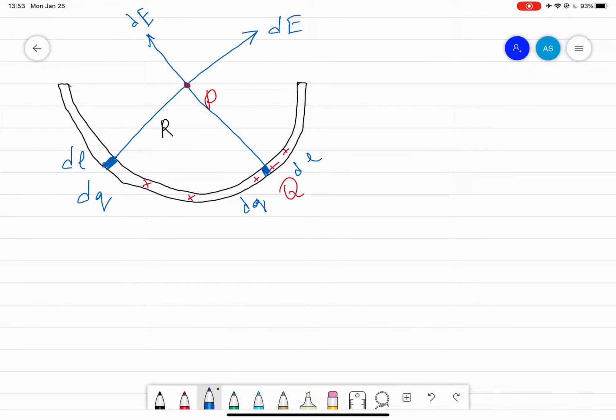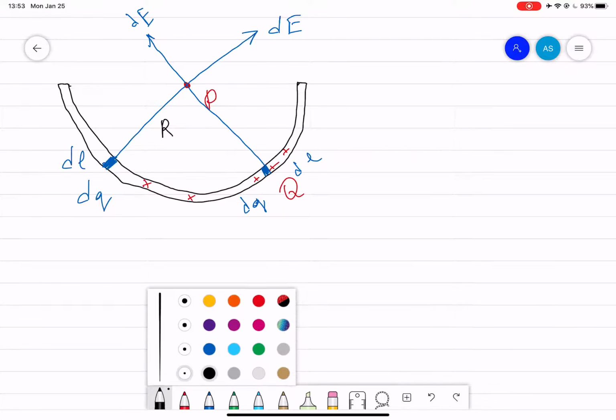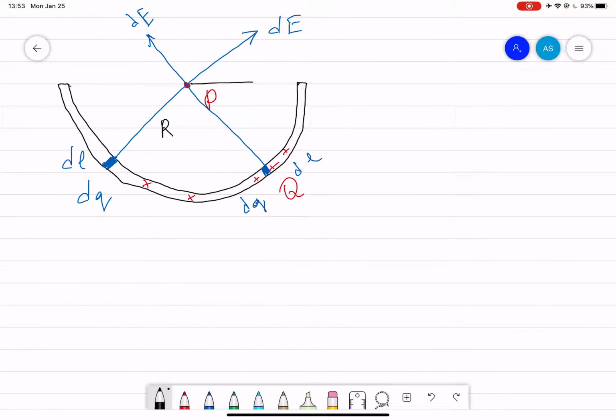Now if you look at it, you can see that this dE can be resolved into two components. One is the x component, which I call dEx, and the upward one will be dEy. The same one at the same distance will make two components as well: this dE will make dEy, and that one will make dEx.